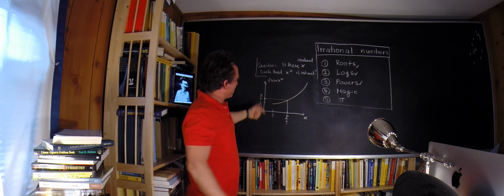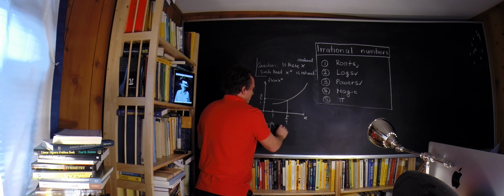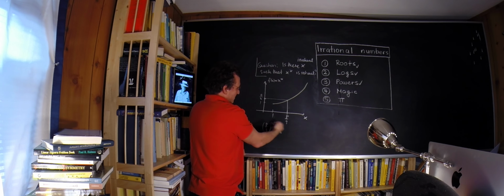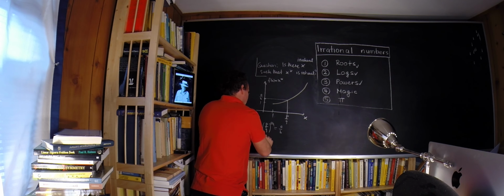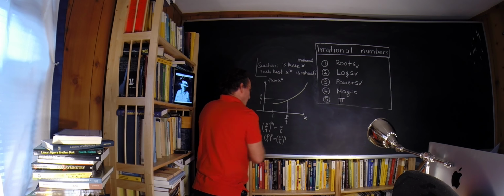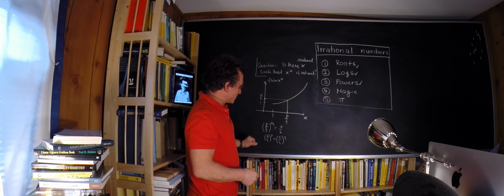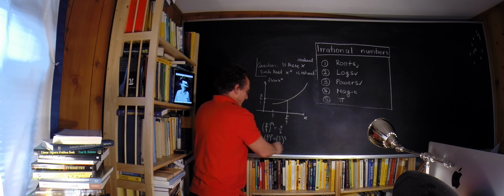If you write this down, we have p over q to the power p over q is a over b. Then we take the q-th power on both sides. So we have p over q to the power p is a over b to the power q. Now we can make an equation which doesn't involve fractions anymore by taking everything over.